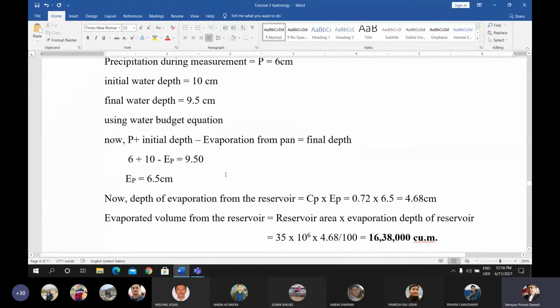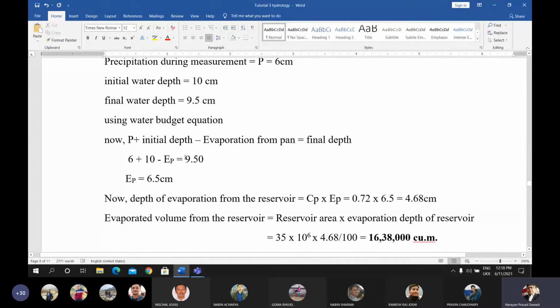The inflow into the pan will be the initial depth of water plus the precipitated depth of water over the pan. That is, P is precipitation plus initial depth, which is input, minus output, which is evaporation.